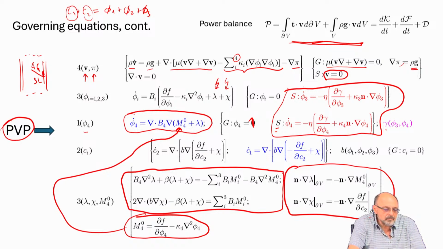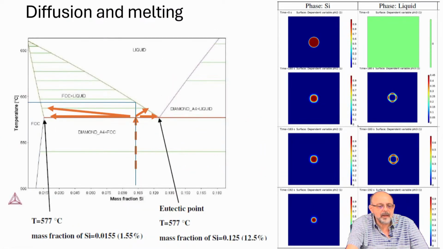And this is my M4 if you want to write this as 2 second order PDEs rather than 1 4th order. Okay, so rather nasty system of equations, but it is correct. It is thermodynamically and mathematically correct. So let's look at a simple test example.